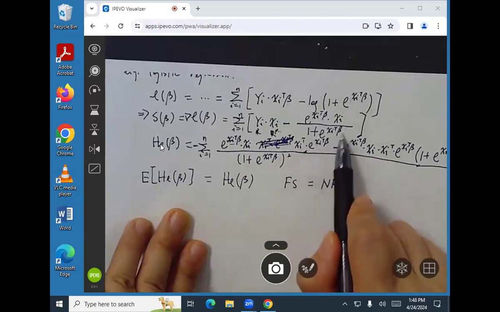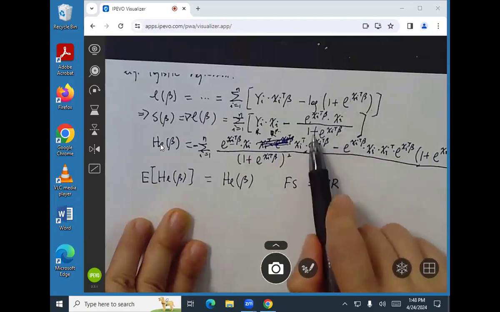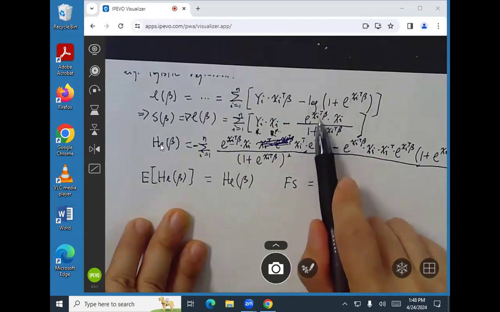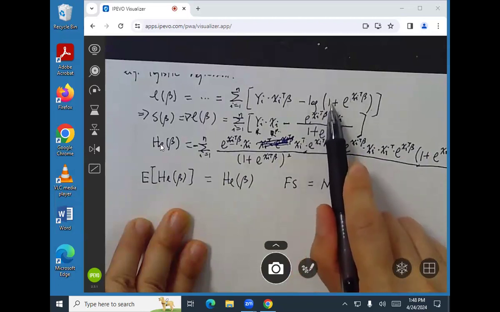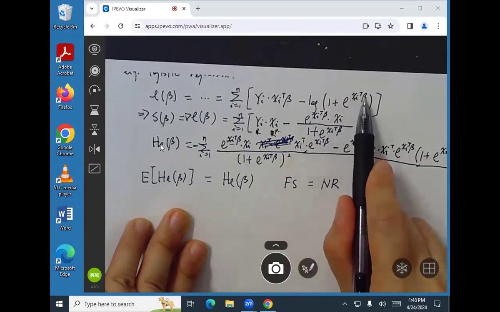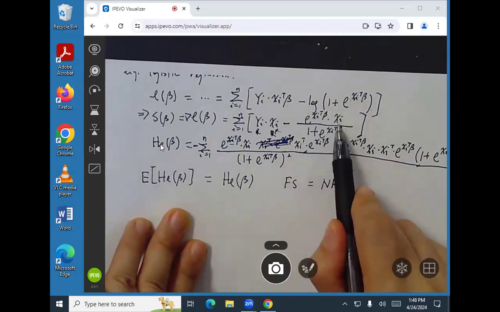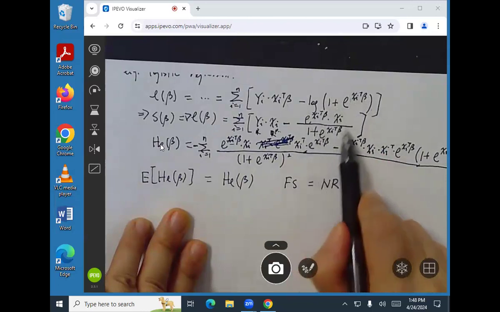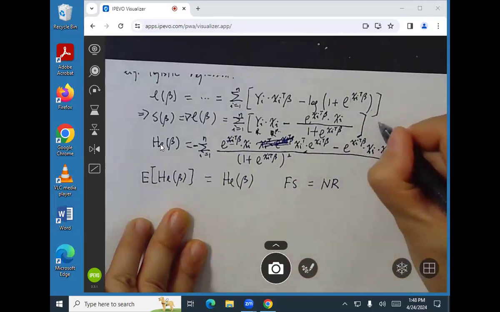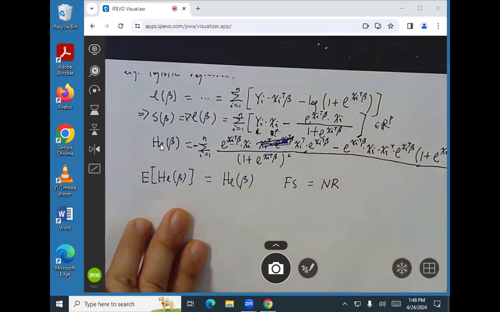So 1 plus exponential term in the denominator. This is a scalar. And this is the derivative of 1 plus exponential xi transpose beta. 1 is gone, exponential stays, and then with respect to beta in the exponent, xi comes down. So in here, in the numerator, xi is a vector. That's why we have a vector here. So this is our p.